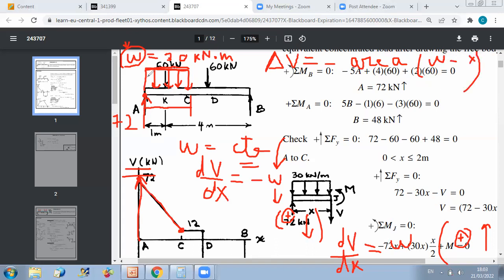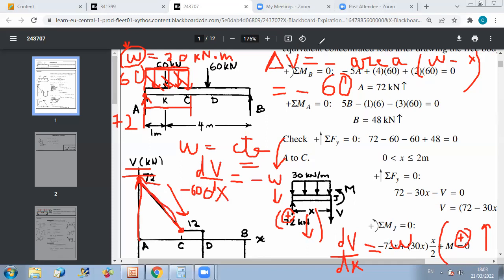If you look at this figure, the area between w and the beam is this rectangular area, equal to 30 times 2, which is 60. This means that delta V here is minus the area, which is minus 60. So V will drop from 72 to 72 minus 60, which is 12, and it will vary linearly from A to C.